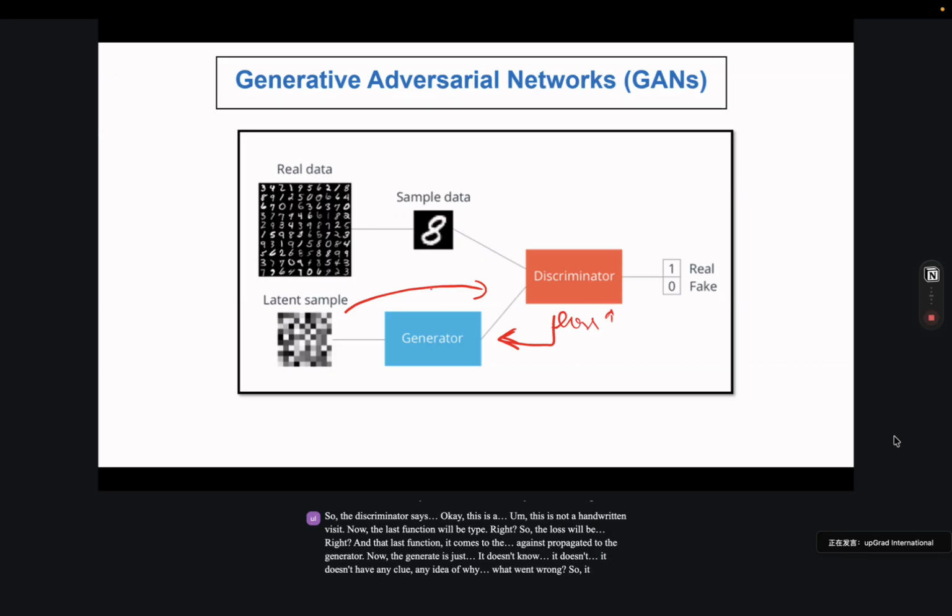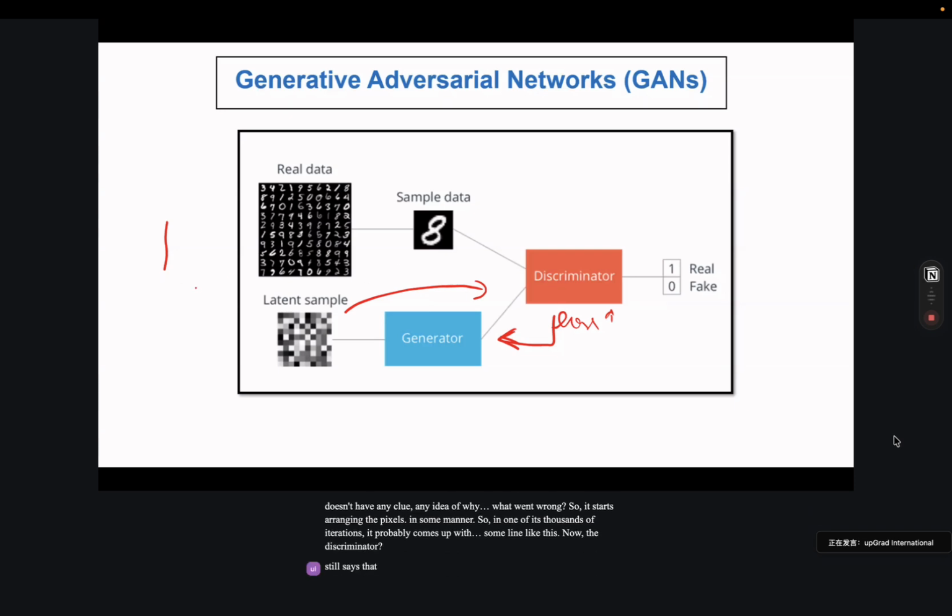So it starts arranging the pixels in some manner. In one of its thousands of iterations, it probably comes up with some line like this. Now the discriminator still says that this is not a handwritten digit, and it rejects it basically.